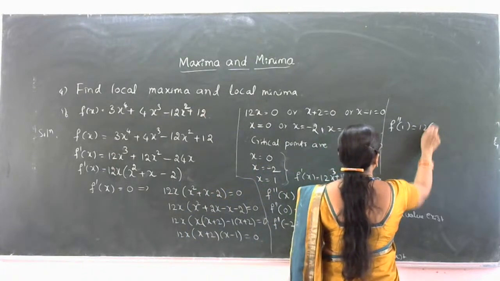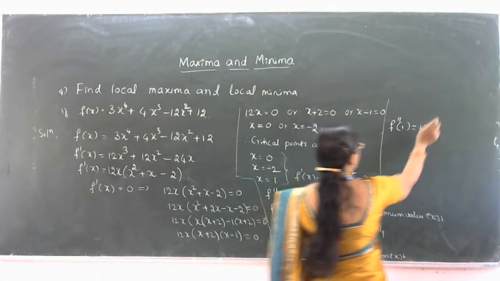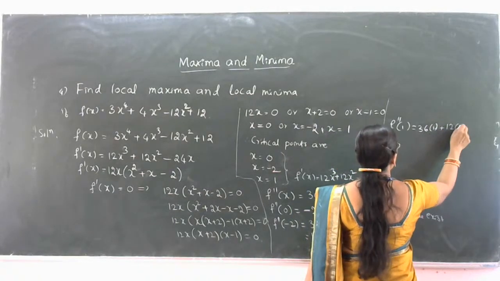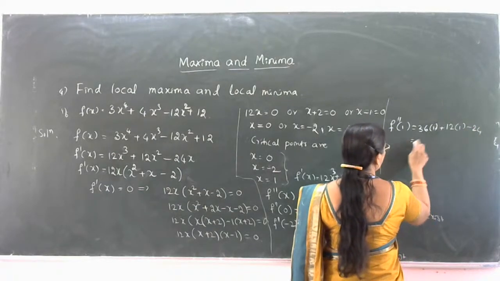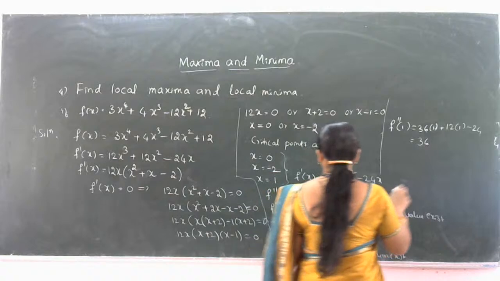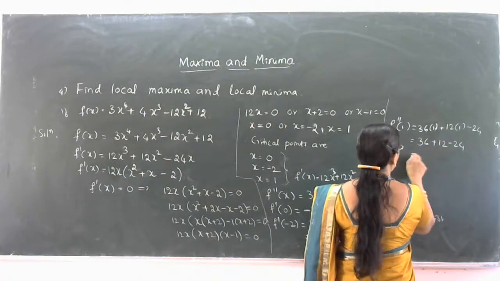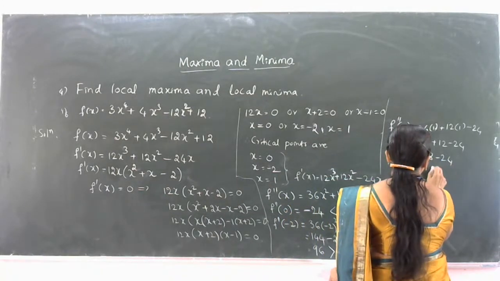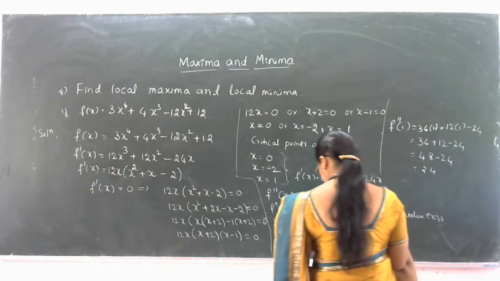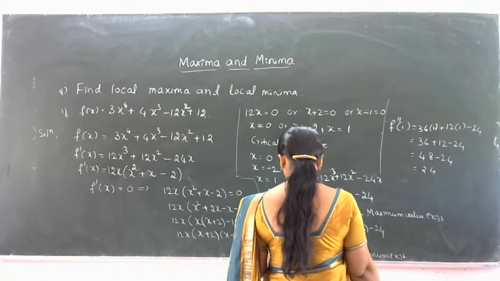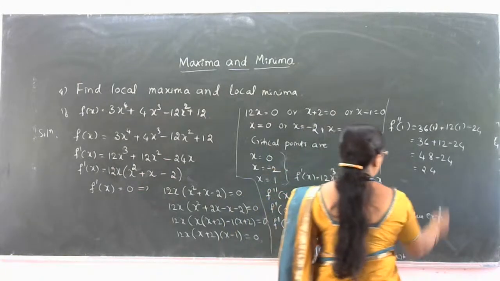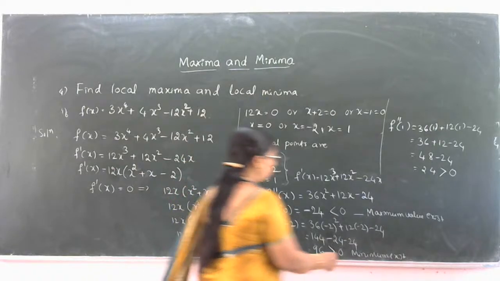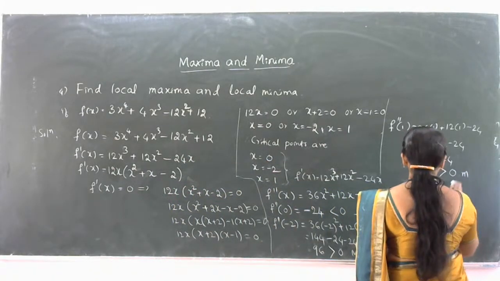It's 36 into 1 square plus 12 into 1 minus 24, which is equal to 36 plus 12 minus 24, which is 48 minus 24, which is equal to 24. That is also greater than 0. Therefore, here it is a minimum value.